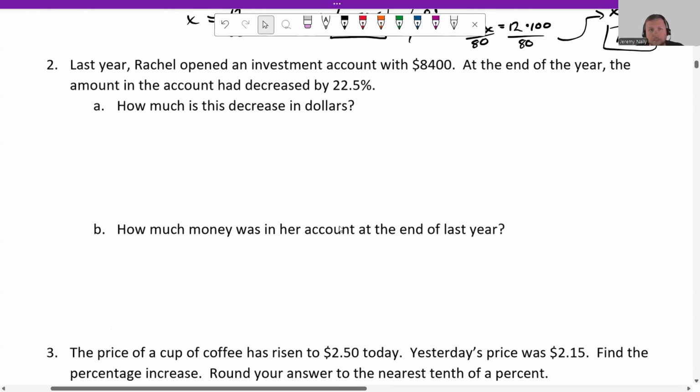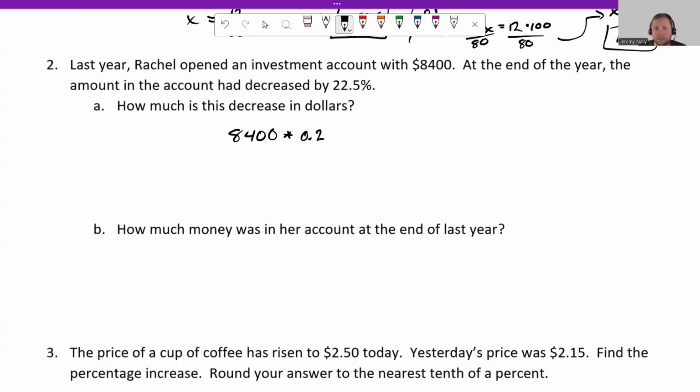Last year, Rachel opened an investment account with $8,400. At the end of the year, the amount in the account had decreased by 22%. How much is the decrease in dollars? And then how much money was in her account at the end of the year? So how much is this decrease in dollars? I'm happy if you give me the positive or the negative, but either way, we just need to figure out 22.5% of the 8,400.